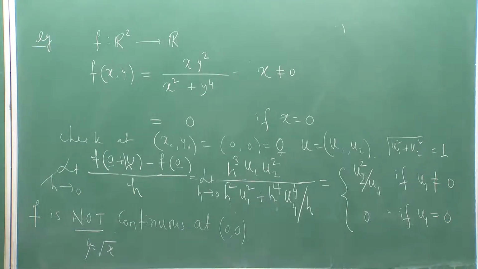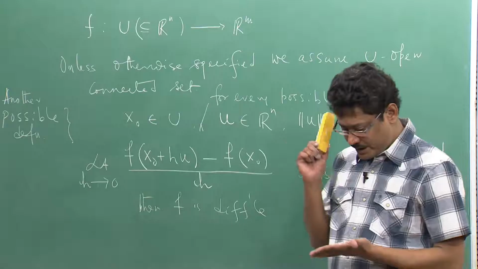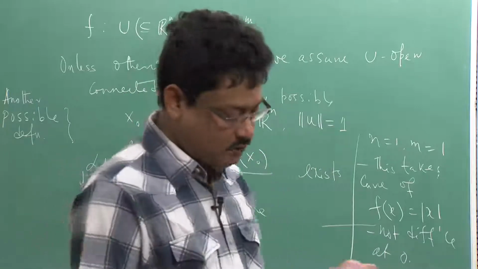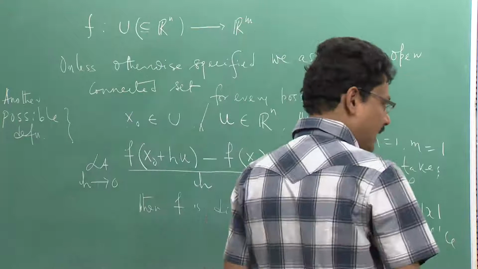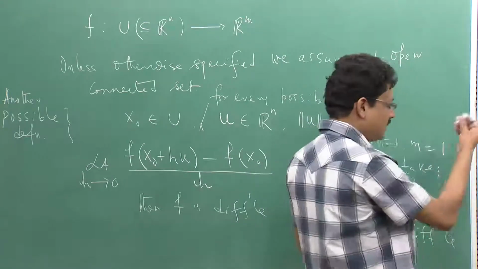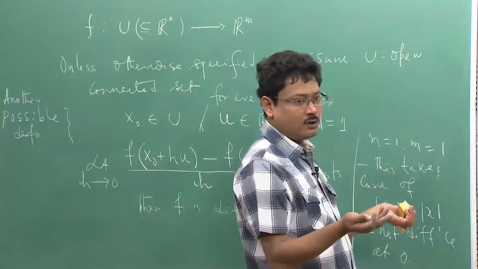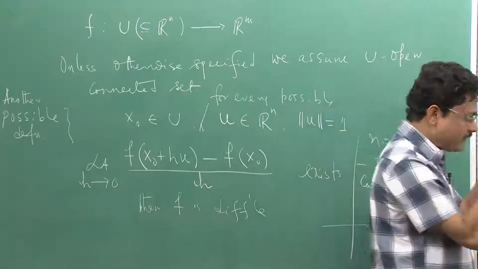So, you check that f is not continuous at 0 0. Then I have a very serious problem, because I want a differentiable function to be at least continuous. If I am able to draw a tangent at a point to the graph, and the function is not continuous at all, there is a jump, then what do you mean by a tangent? So, this defies our geometry.